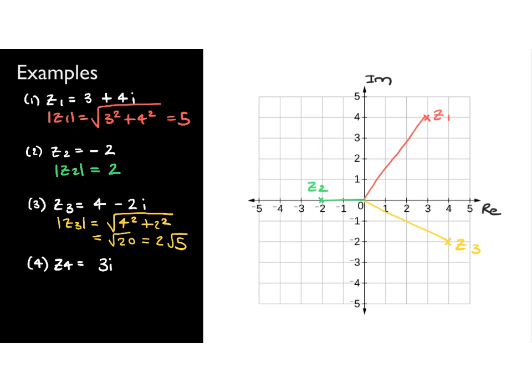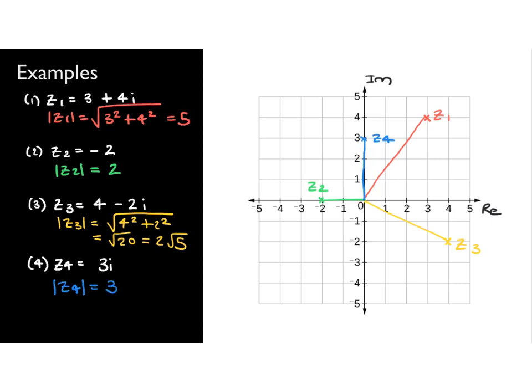And z4 is equal to 3i, so that would be up here. And again, there's no need to use Pythagoras' theorem here. The modulus of z4 is equal to 3.